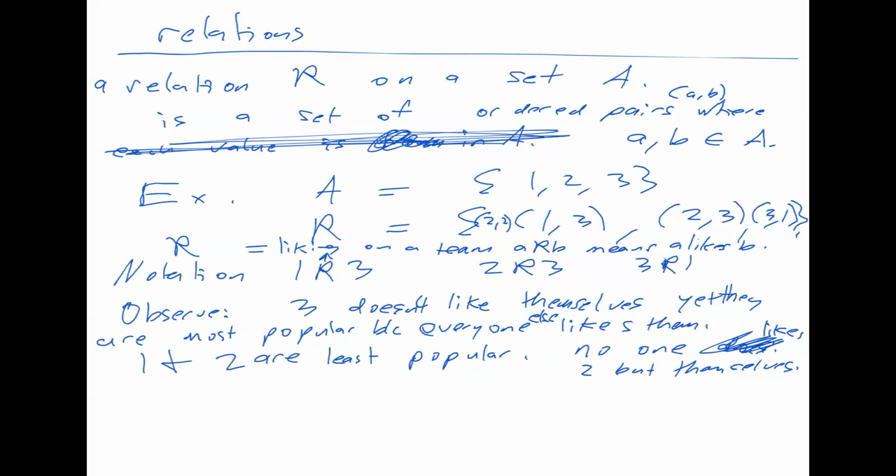One property that a relation can have, it doesn't have to have it, but it could have it, is called reflexivity. If a relation is reflexive, that means that everybody is related to themselves. For example, genetic relations.